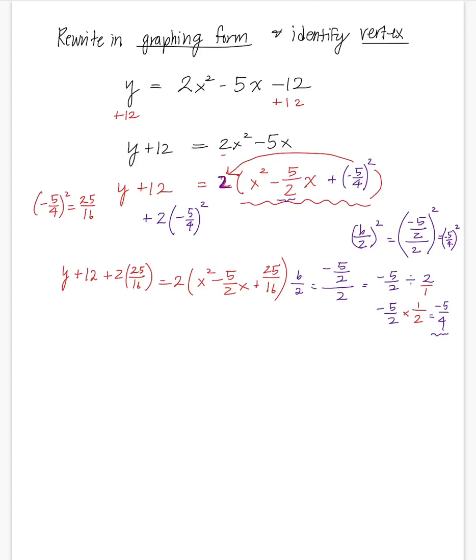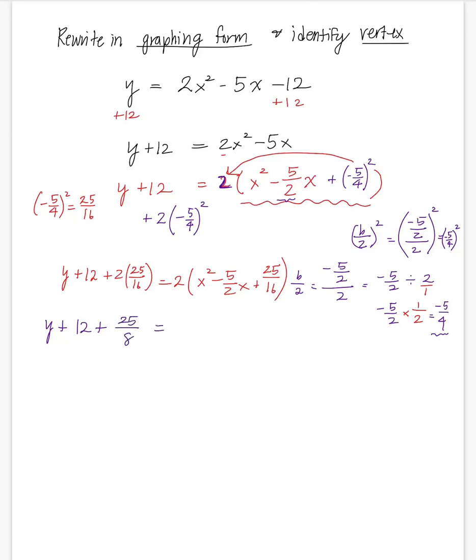And then let's simplify it all out. So this is now y plus 12 plus 2 times 25, which is 50, so this is actually 50 over 16. But you can simplify that by dividing by 2, so this can become 25 over 8.